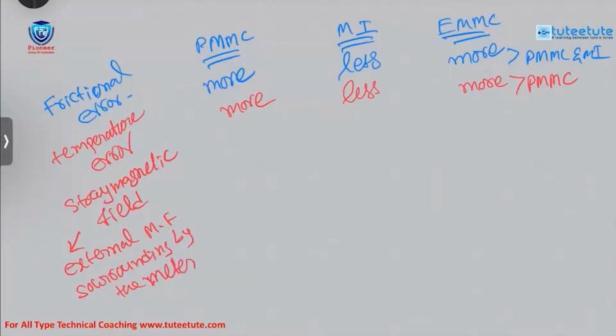Okay, so this effect is more in moving iron and EMMC. Why? These two are electromagnets, so they are weaker than permanent magnets. But in PMMC we are using a permanent magnet. That's why this error is less in PMMC, but more in moving iron and EMMC.